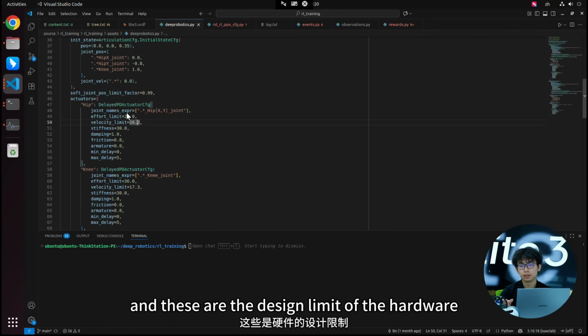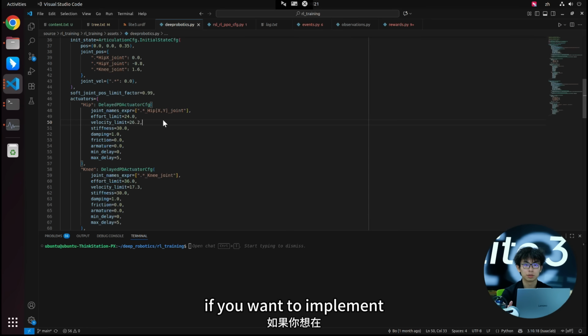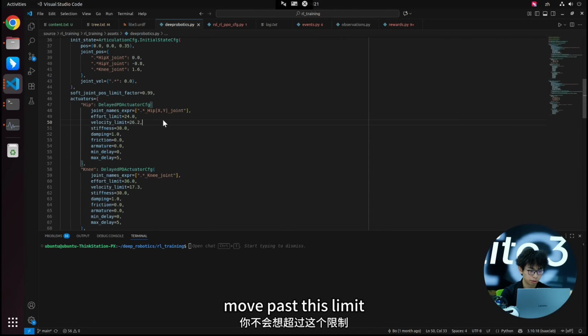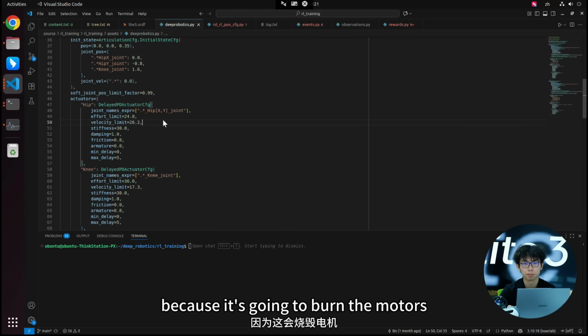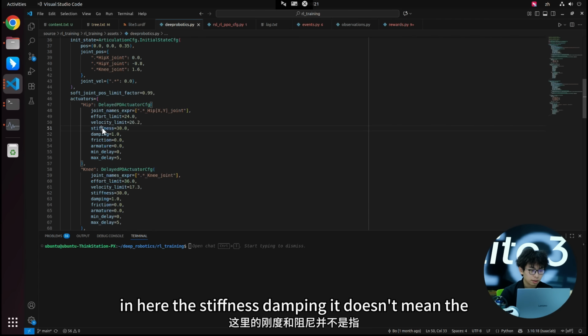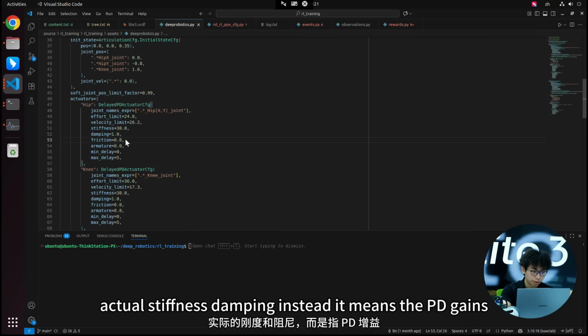And these are the design limits of the hardware. If you want to implement our algorithm on a different robot, you need to check their limits. You don't want to move past this limit, because it's going to burn the motors and the robot is going to be broken. And also in here, the stiffness and damping, it doesn't mean the actual stiffness and damping.